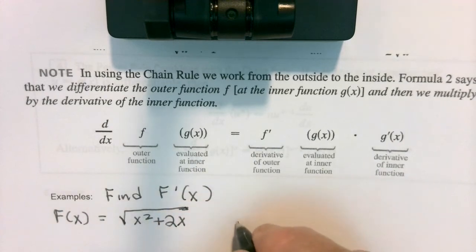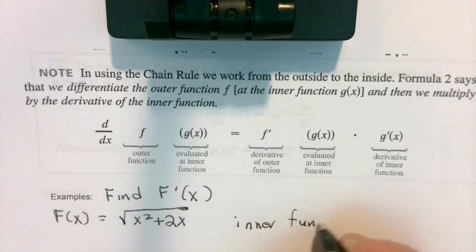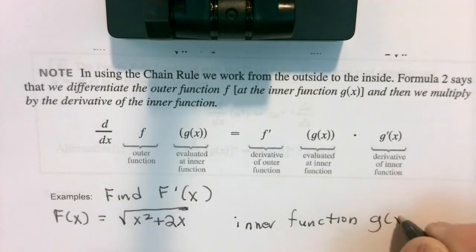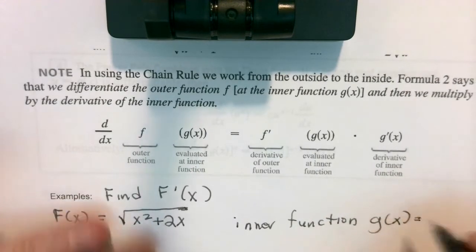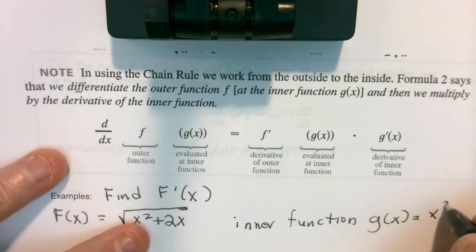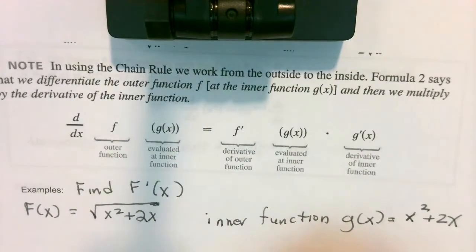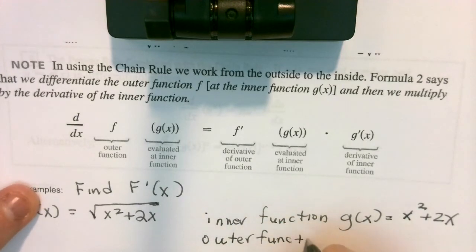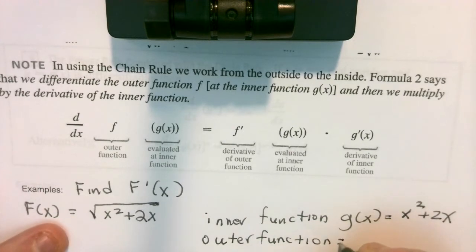So our inner function, little g of x, equals x squared plus 2x. And the outer function is equal to the square root of x.